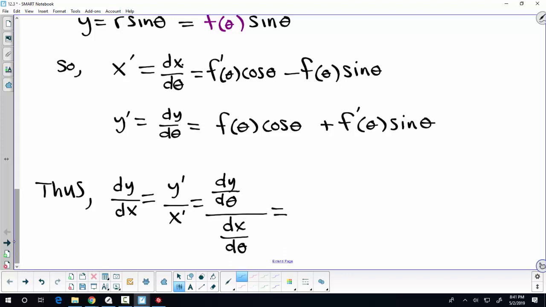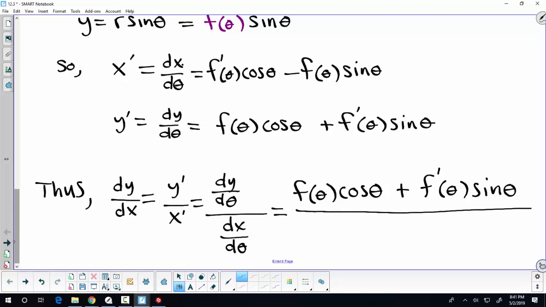So the derivative of y, we have that's f of theta cosine theta plus f prime of theta sine theta, all over the derivative of x, f prime theta cosine theta minus f of theta sine theta.